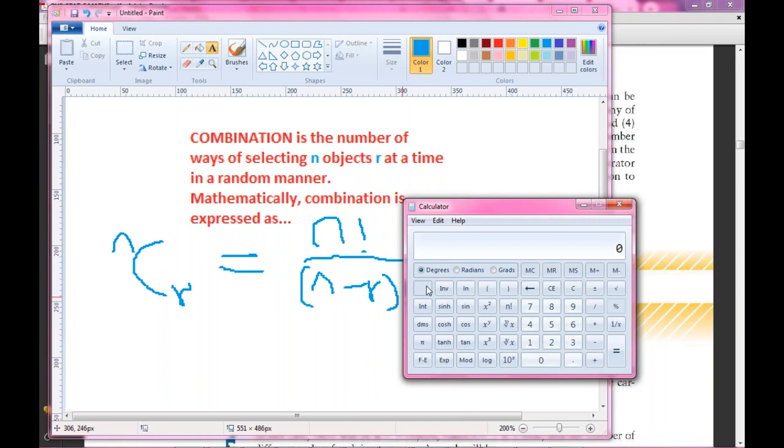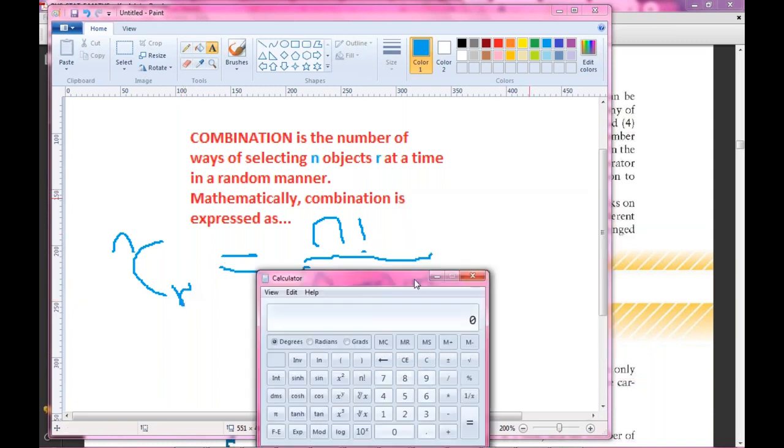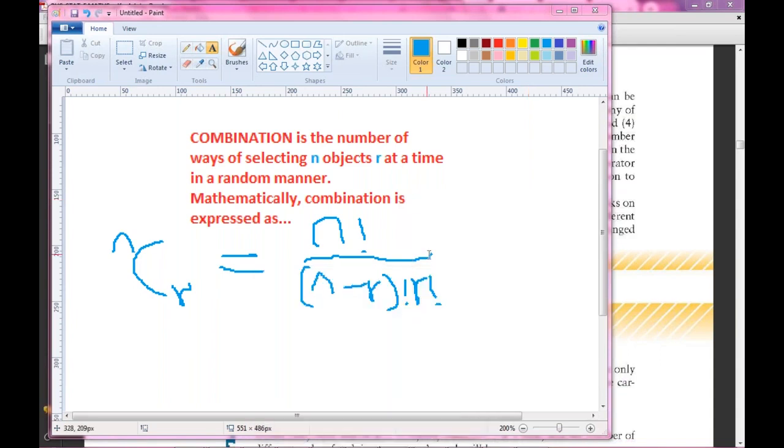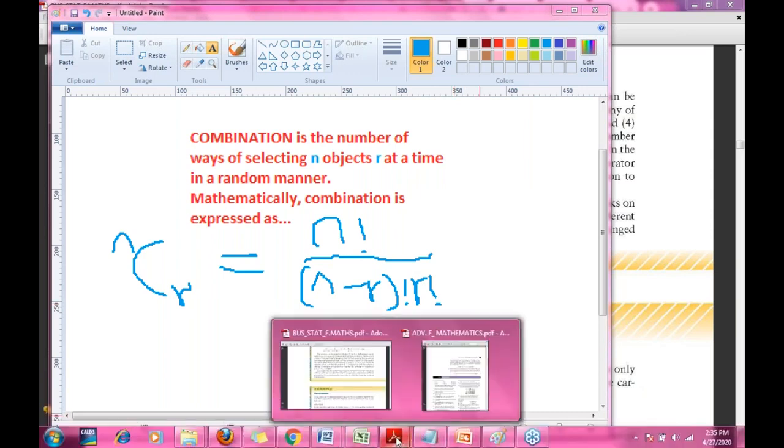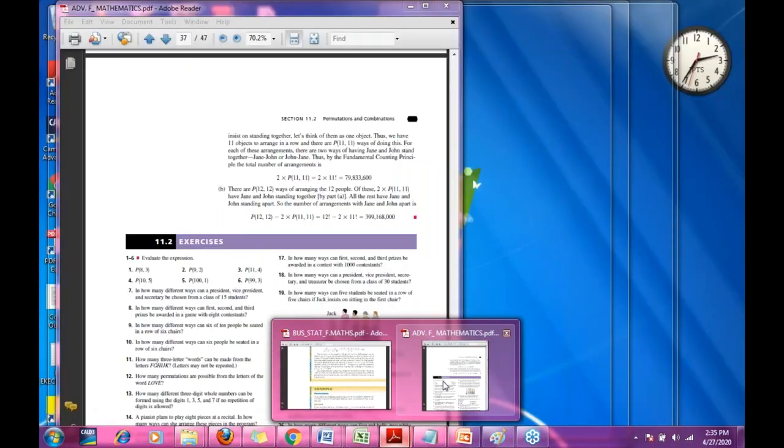If you can locate that on the calculator, that's the symbol for combination. So sometimes you can even solve this without thinking twice with your calculator. So we'll consider an example with respect to combination.